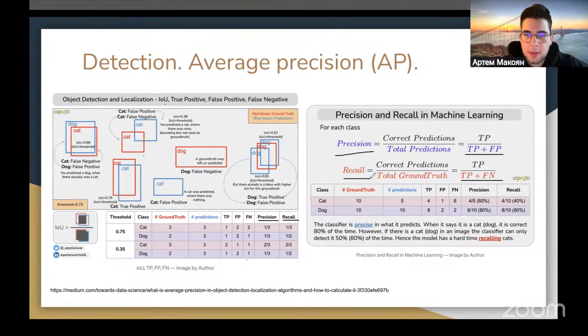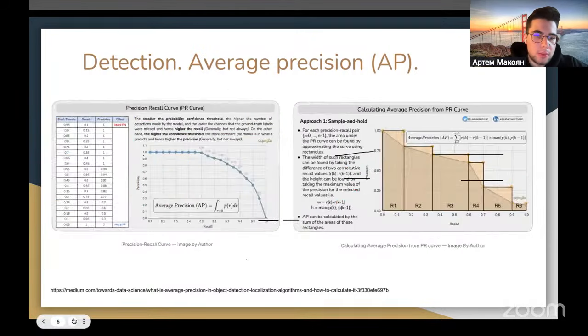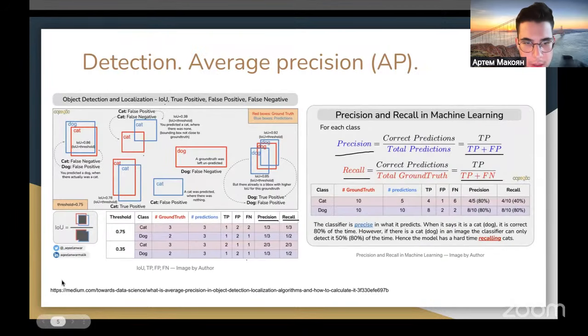Okay, when we have precision and recall, we have a problem here. Why? Because all these metrics depend on threshold. If we take threshold 0.75, we get one precision, one recall. Another threshold, one precision, one recall.